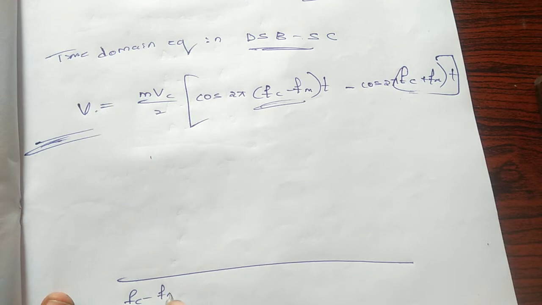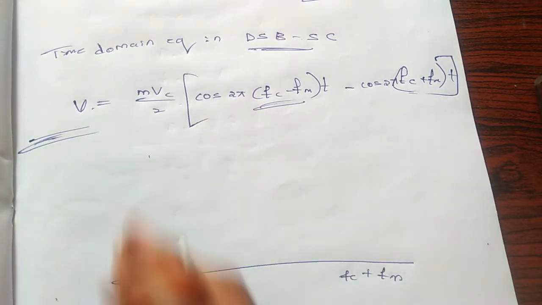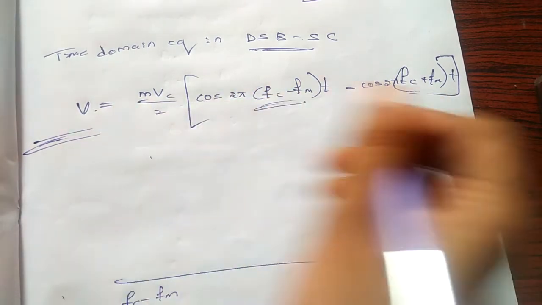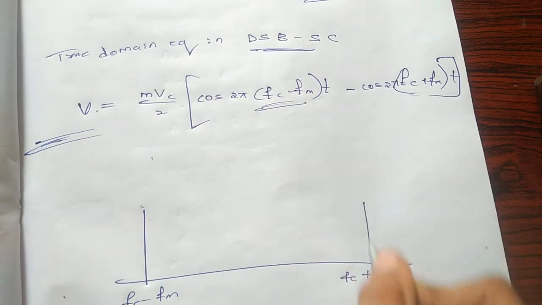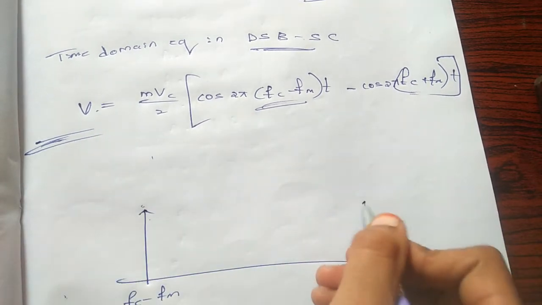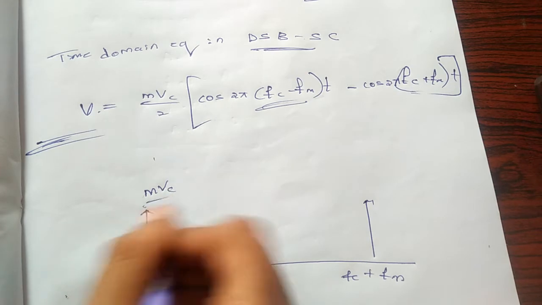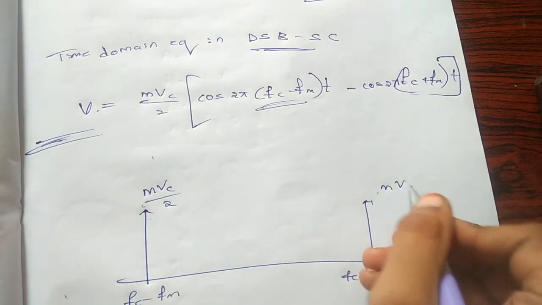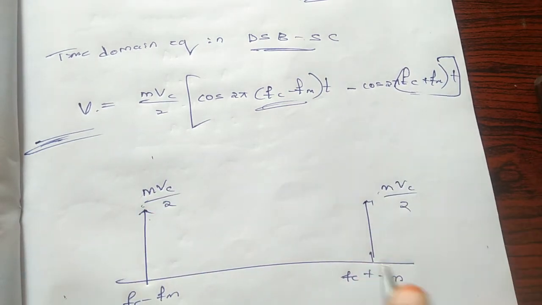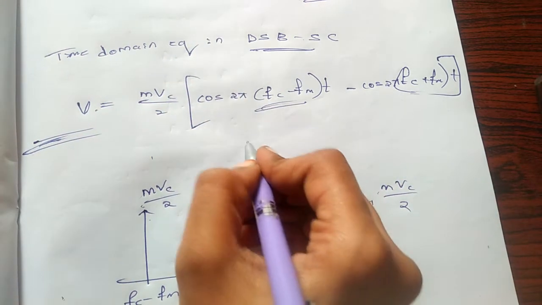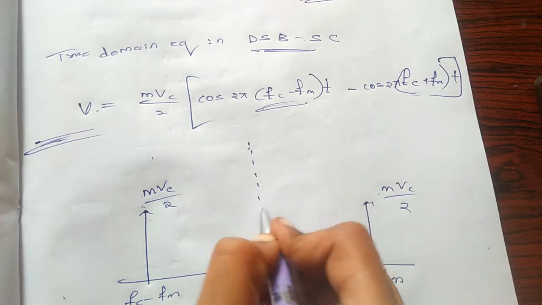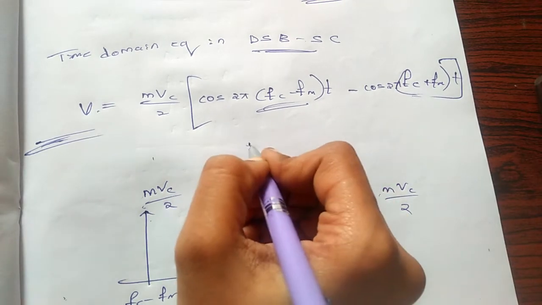What are the voltages that we are having on both respectively? mVc/2, right? Same level, mVc/2 on both. But we are not completely avoiding the carrier, we are just suppressing it, so we denote that with a suppressed line, meaning dotted lines.